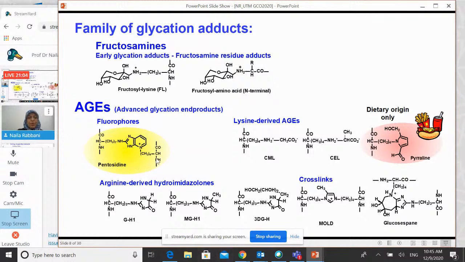Pentosidine is a fluorophore cross-link between arginine and lysine. And then there are lysine-derived AGEs, carboxymethyl-lysine and carboxyethyl-lysine, and arginine-derived hydroimidazolone. Glyoxal, methylglyoxal, and 3-deoxyglucosone are three reactive dicarbonyls, which degrade from fructosyl-lysine and from glucose.